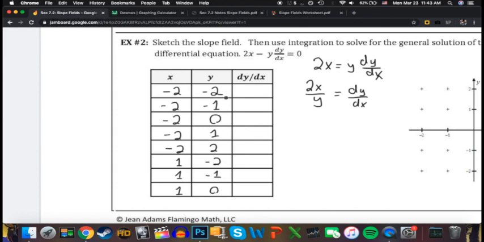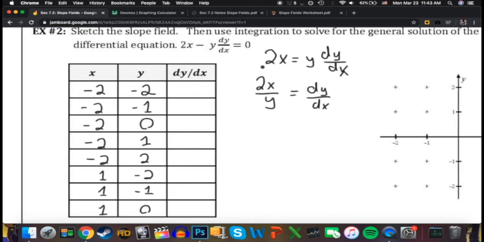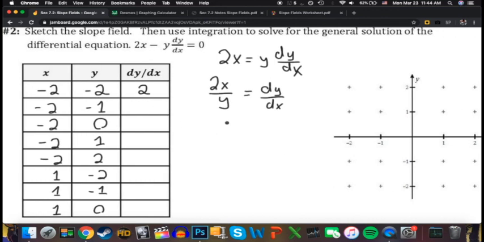Okay, so if I plug in, say, a -2 and a -2 into this equation here, I'm going to get a -4 divided by a -2, so that's going to be a +2. So at that point, -2, -2, I have a slope of +2 over here. If I do -2, -1, that's going to be a +4.